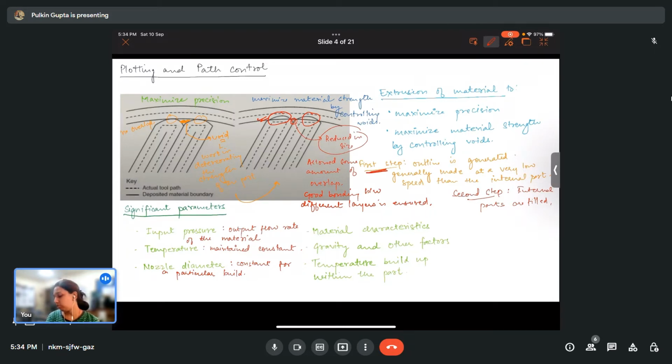Now, the fourth parameter is the material characteristics. Material characteristics information is important for controlling the process parameters, and these characteristics include viscosity, which is one of the very important parameters in extrusion based processes, because this helps in understanding the flow behavior.